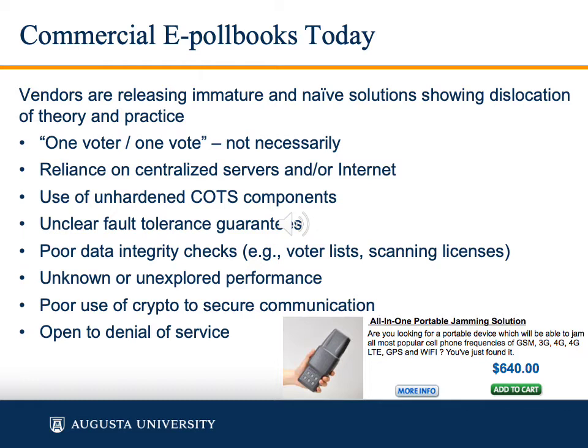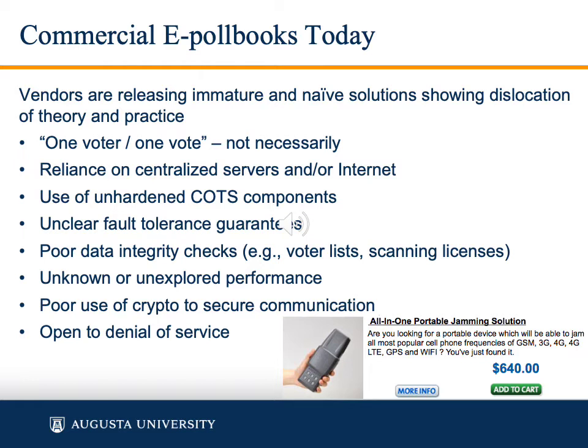Some systems rely on central servers or the internet, and that is an obvious concern. All of them use unhardened commercial off-the-shelf components. It is unclear what are the fault tolerances of these systems and what guarantees do they provide. The systems suffer from poor data integrity checks. Voter lists are not authenticated.